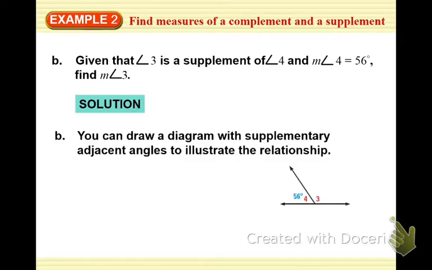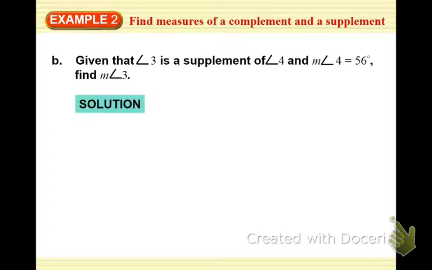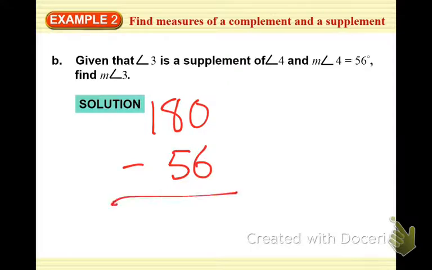Right, 180 minus 56 is equal to 124. And that's equal to the measure of angle 3.